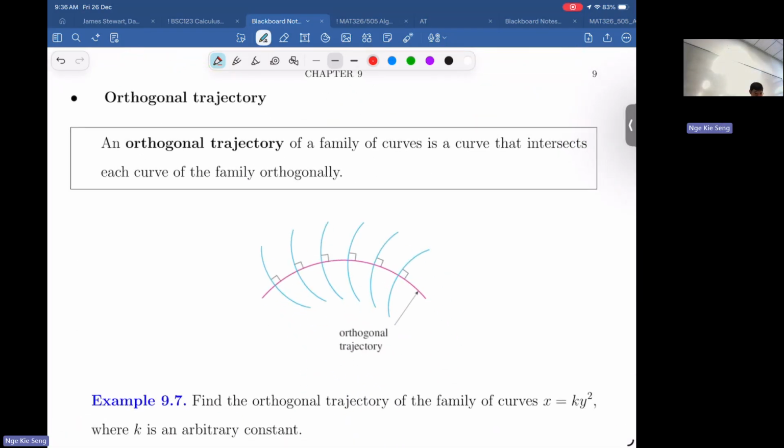Okay, next is about orthogonal trajectory. I'm not sure why this part got introduced, but we'll just go through one problem here. The idea here was to find a family of curves that intersect each curve of the family orthogonally. Did you learn orthogonal projection in linear algebra? No?